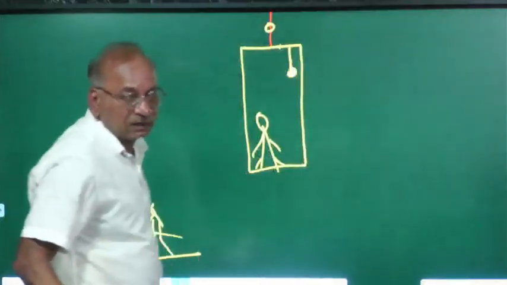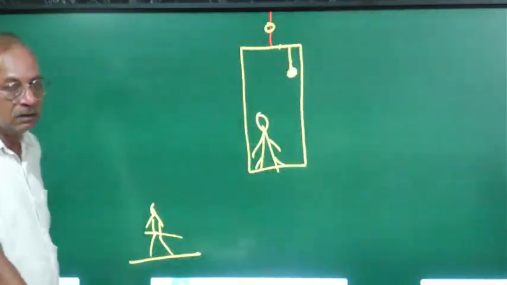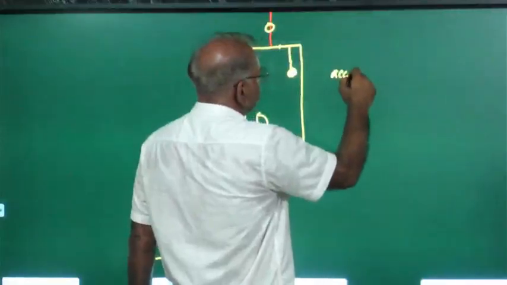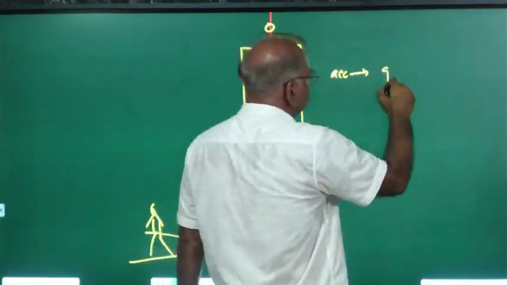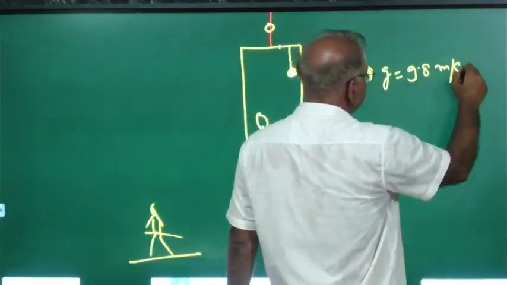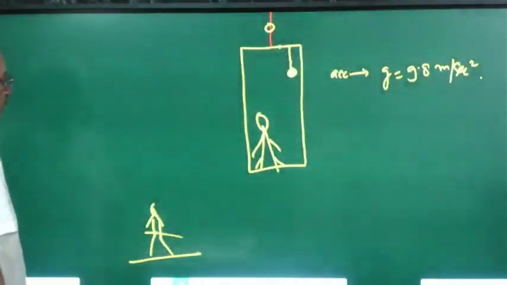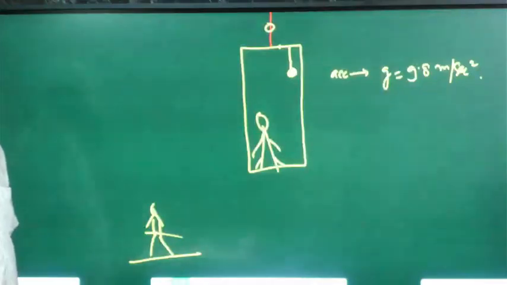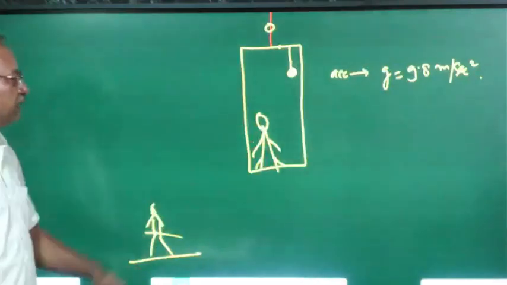This elevator cabin will start coming down with an acceleration. What will be the magnitude of acceleration? That is g, which we know is 9.8 meters per second square. In this frame of reference, they may feel that they are also coming down with this acceleration.